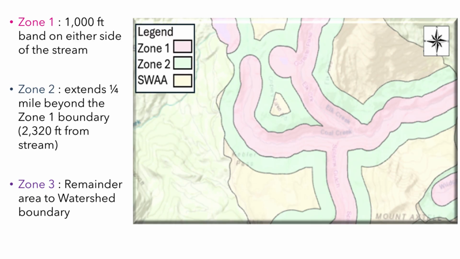This is our source water protection, the typical method that is used for source water protection, where you're taking your river or your source where you're getting your water, and then you're going 1,000 feet out for your first band, zone 1, which is the strictest around that source water.